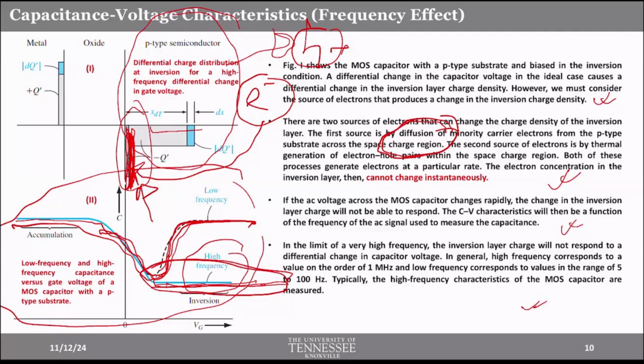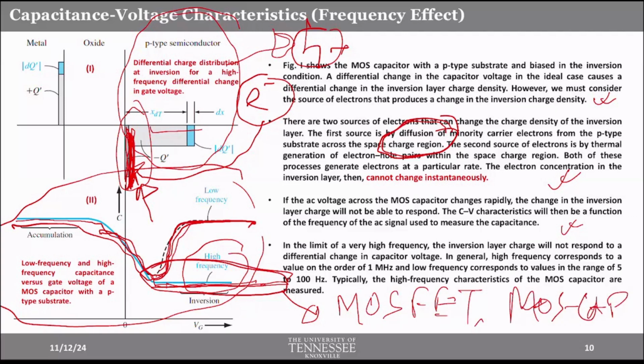And there is one thing that I should tell you. Dr. Aziz will discuss it in the next class. Probably we don't have enough time today. There are two kinds of devices that we are envisioning here. One is the MOSFET and another one is the MOSCAP, the MOS capacitor. If we have a MOSFET, high frequency is actually not a problem until we talk about terahertz.